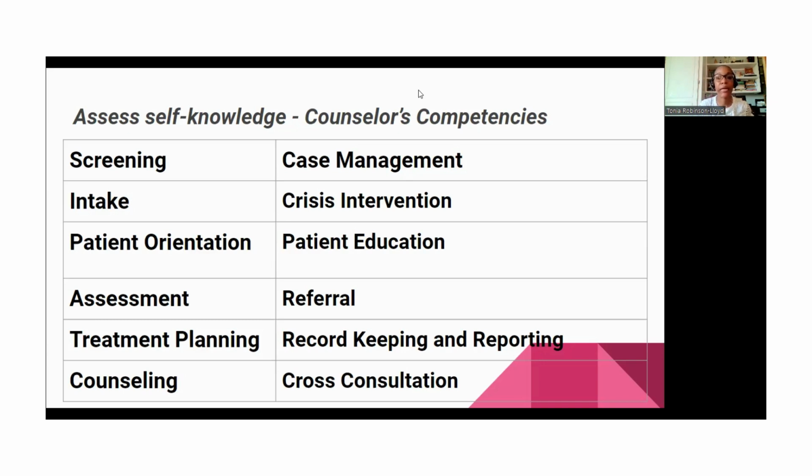Of course, we have the counseling piece, the importance of building rapport, the importance of integrity and trust. We have case management, crisis intervention, patient education, referrals. Let's say you have to go away, who do you refer your clients to? So you do have to build a network of trustworthy clinicians that you feel comfortable referring your clients to, should you have to do that.